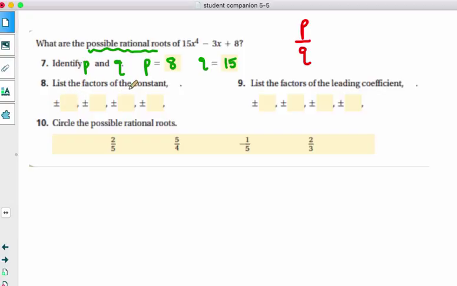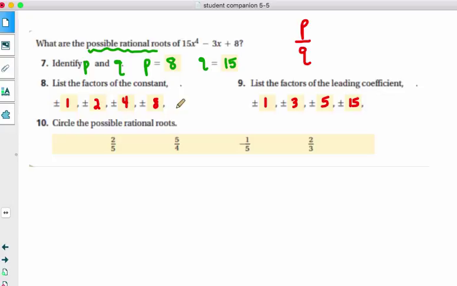Factors of 8 would be plus and minus 1, plus and minus 2, plus and minus 4, and plus and minus 8. Factors of the leading coefficient, 15, would be plus and minus 1, 3, 5, and 15. What I like to do is make a list.